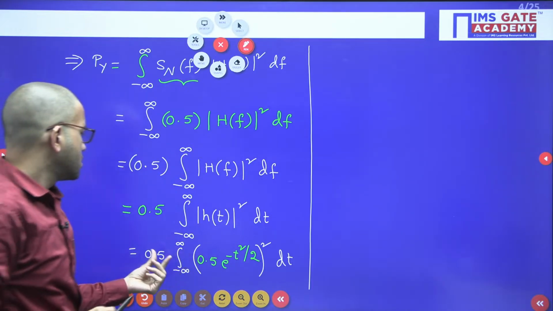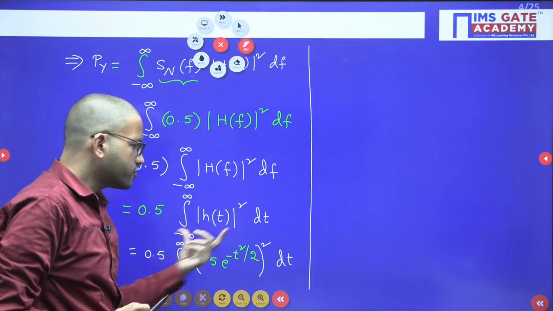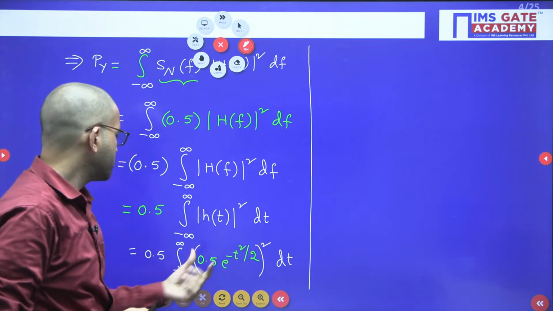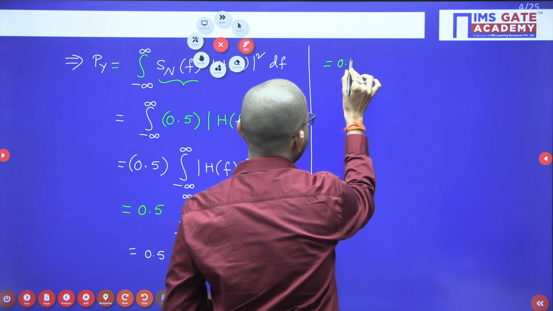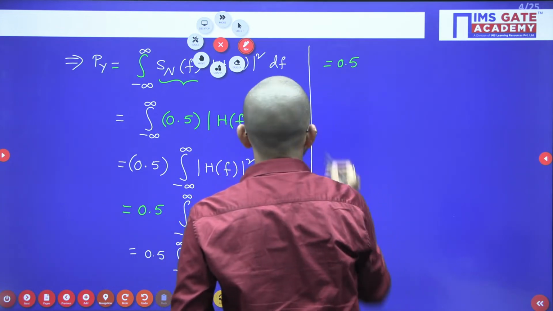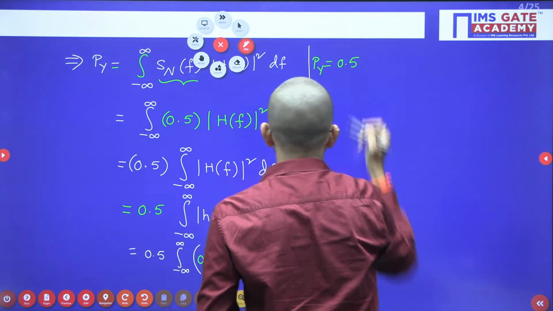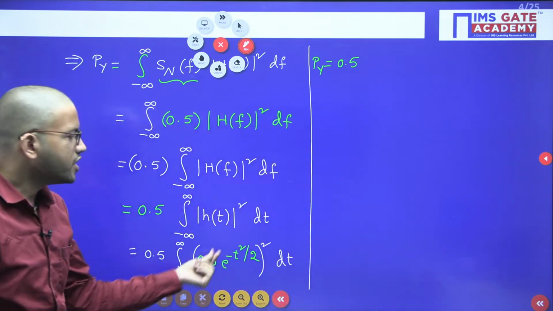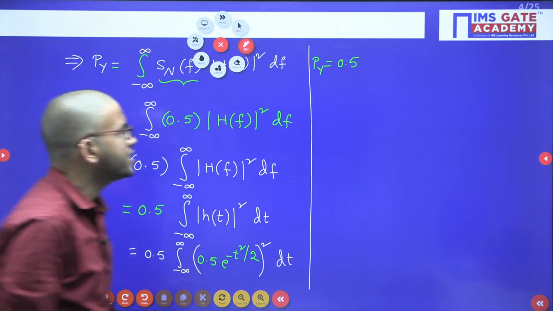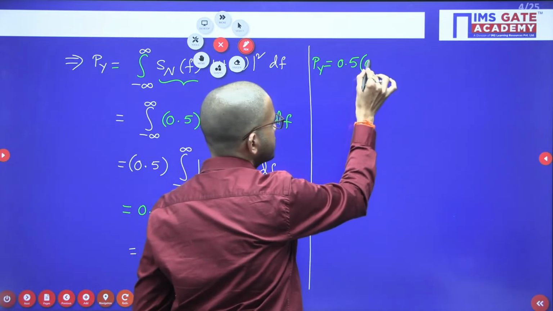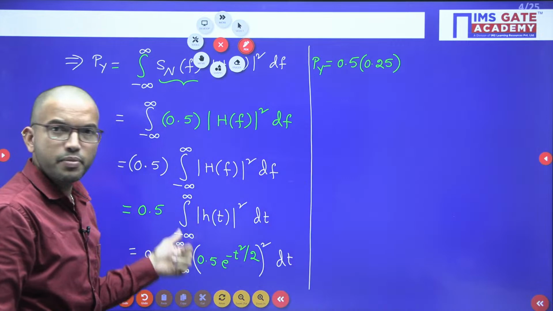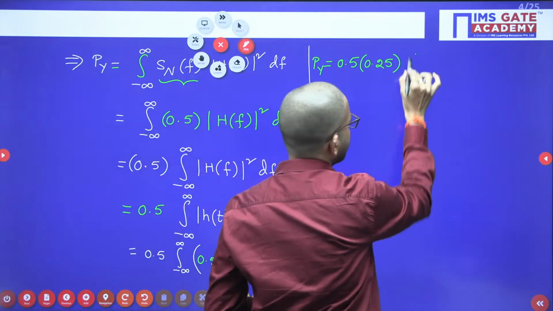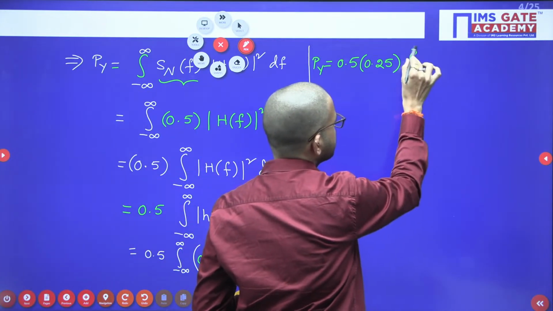Now just perform the square of this overall term. What are you going to get? 0.5 I am keeping as it is. Now 0.5 whole square is nothing but 0.25. The integral limits you can keep as they are, minus infinity to infinity.